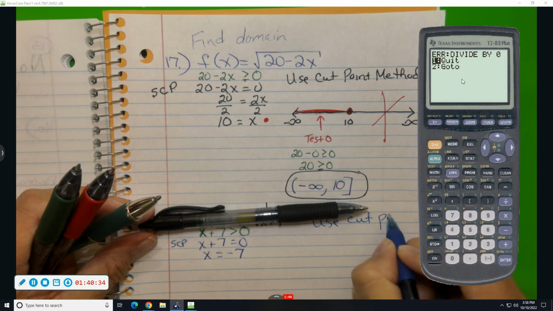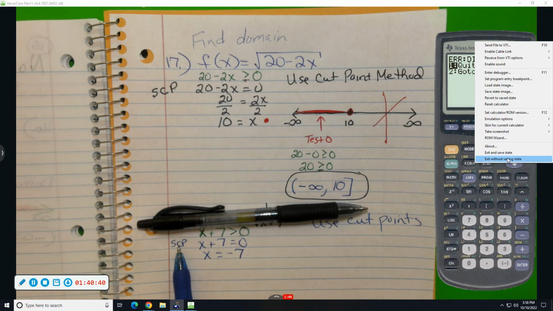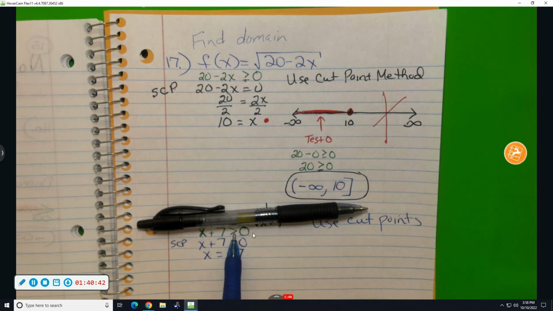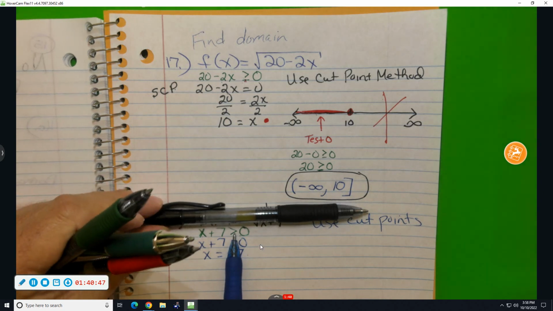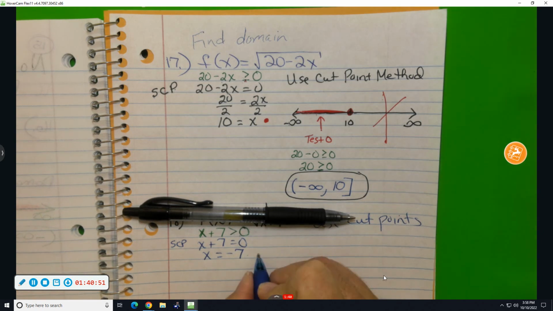Use cut points. So, negative 7 is my solution cut point. Is it going to have an open circle or a closed circle? Open, because there's not an equal sign on there. Just an open circle.